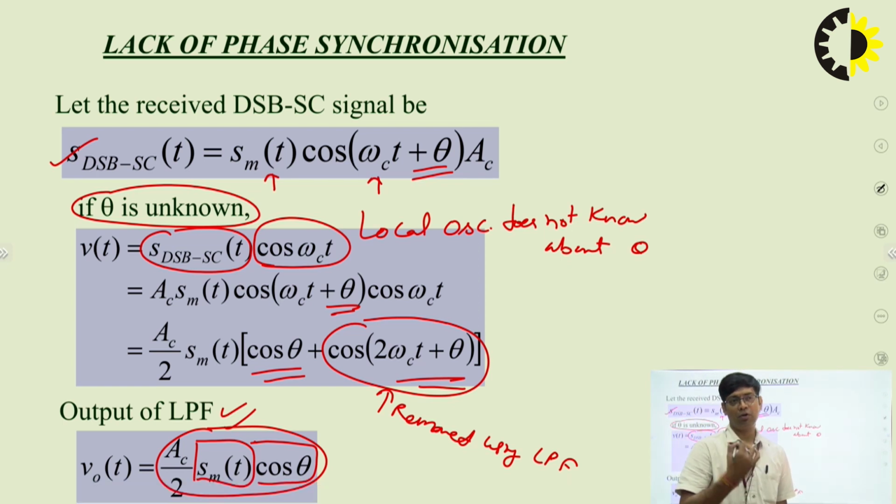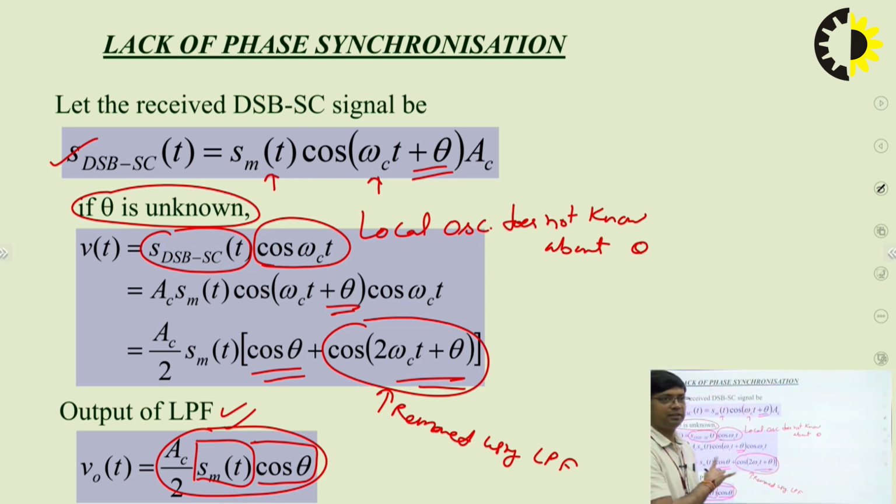If the local oscillator at the receiver end is not synchronized with the transmitted signal, then due to this unknown factor theta, the output is not as desired.